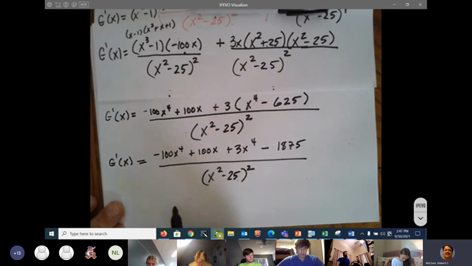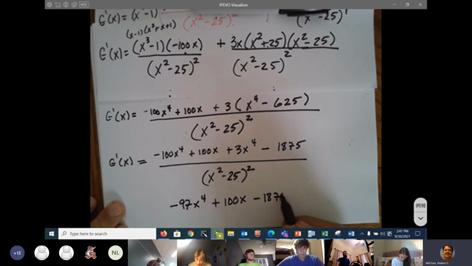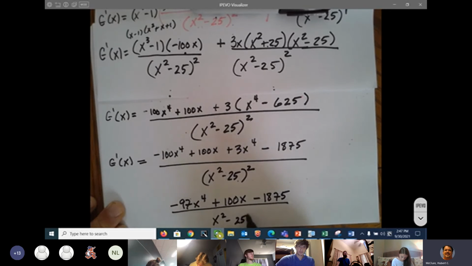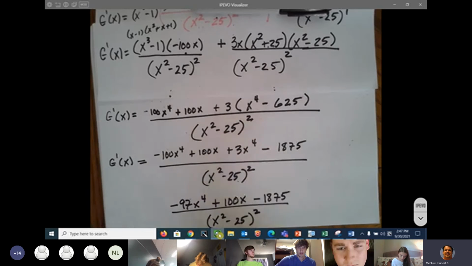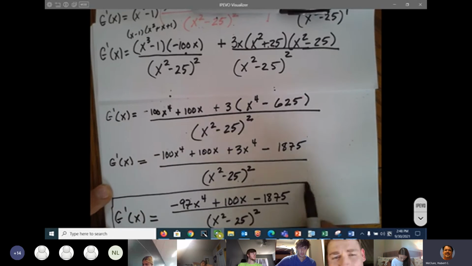Negative 97x to the fourth plus 100x minus 1875. Oh, good gracious. Over x squared minus 25 quantity squared. Now, unless that's factorable, and I'm not going to worry about it being factorable, I'm going to say that's probably the answer.